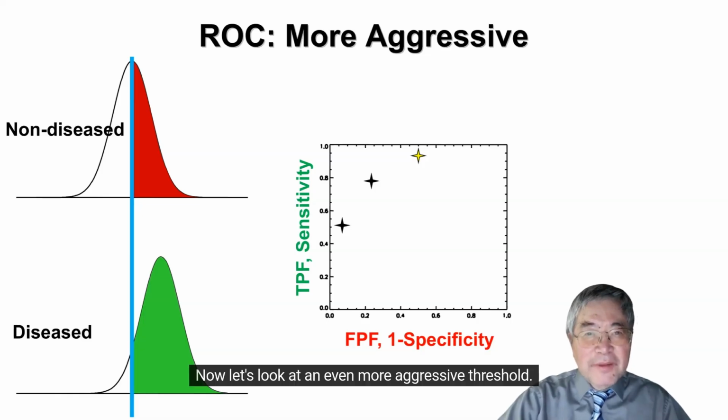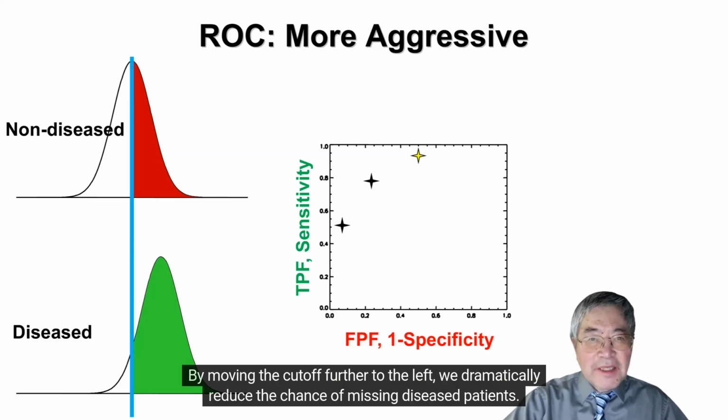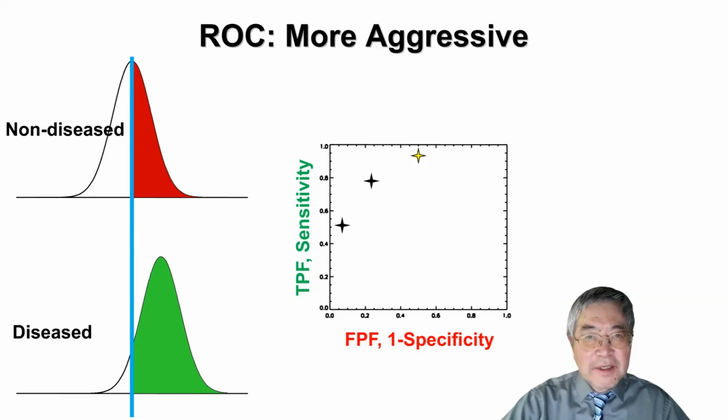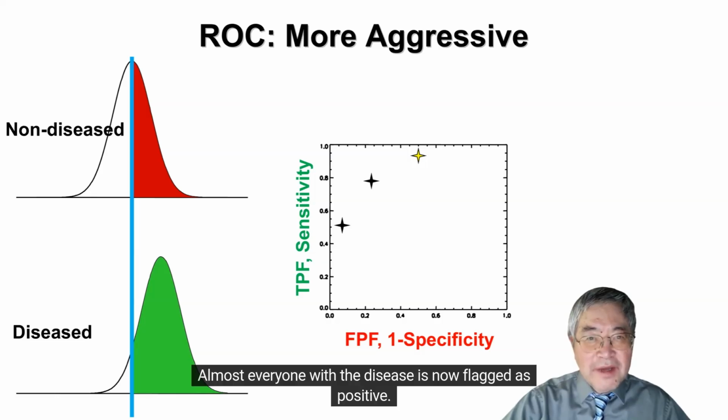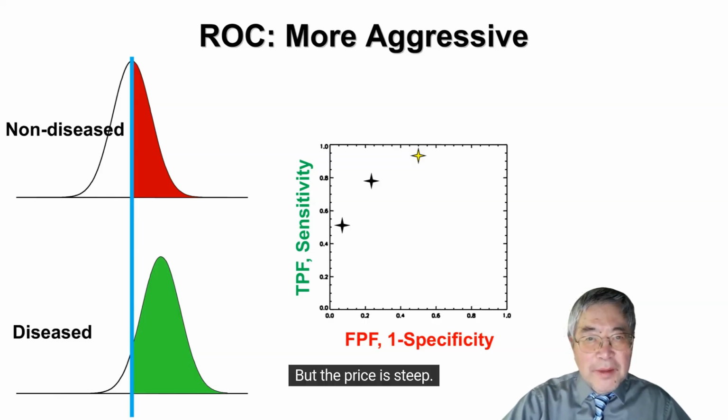Now let's look at an even more aggressive threshold. By moving the cutoff further to the left, we dramatically reduce the chance of missing diseased patients. Almost everyone with the disease is now flagged as positive. That means our sensitivity is very high, close to 100%. But the price is steep.